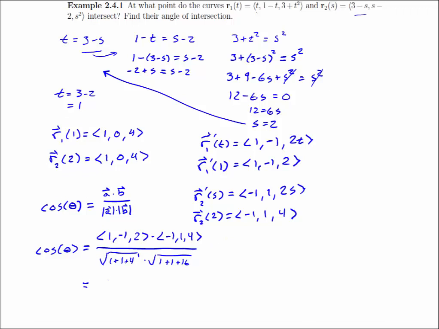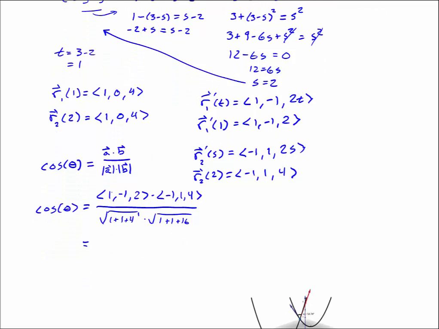So this, scroll down a little bit. The dot product, we multiply the components and then add them up. So 1 times -1 is -1, -1 times 1 is -1, and 2 times 4 is a plus 8. On the bottom, we have the square root of 6 times the square root of 18.